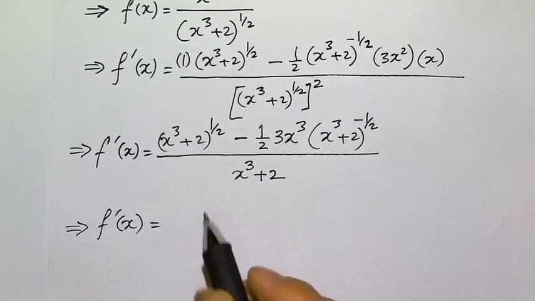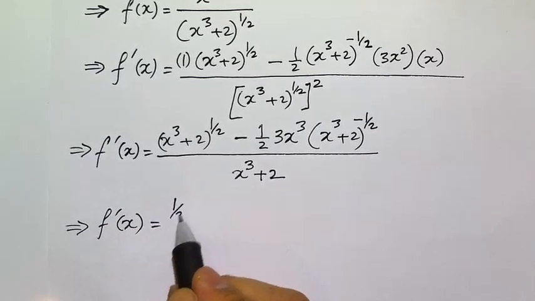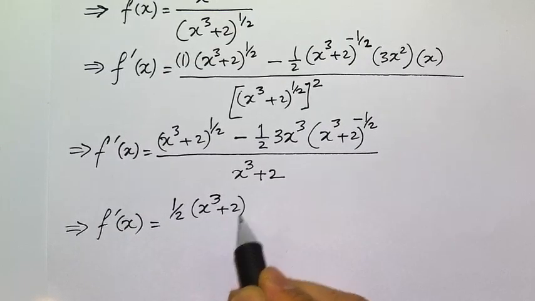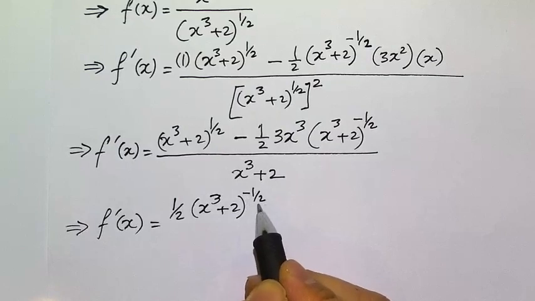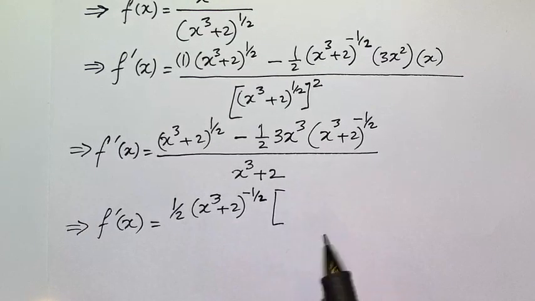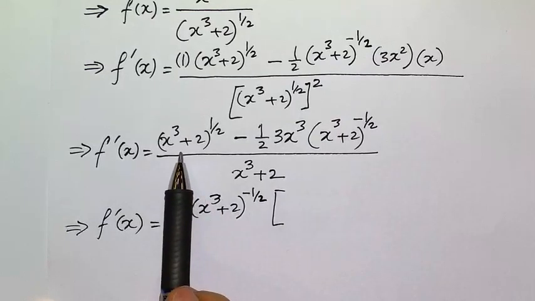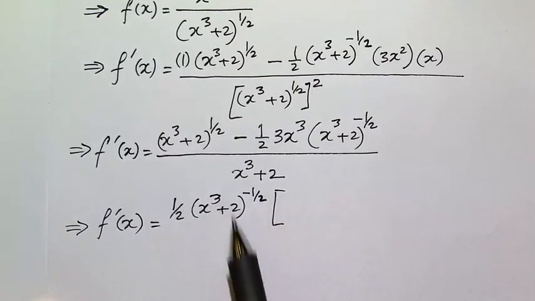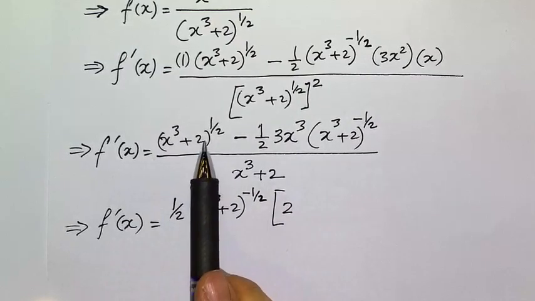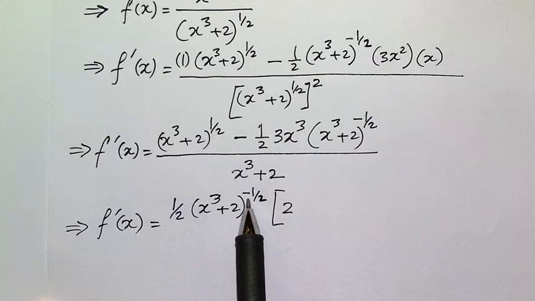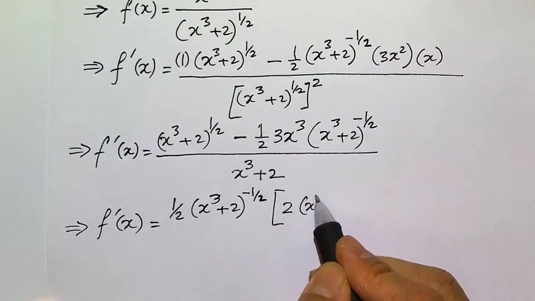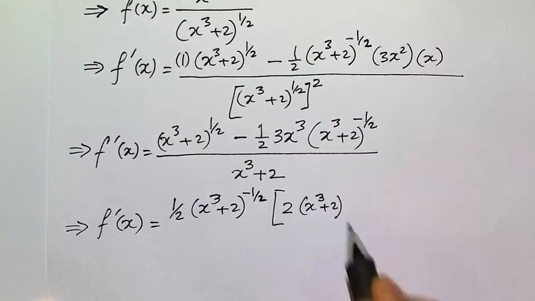So f prime of x is equal to 1/2 times (x cubed plus 2) to the minus 1/2 power, factored out, times, so to obtain this, we will have to have a 2 times 1/2, we get 1 back. And of course, we have to have a positive 1/2 power, not a negative. So that means we have to have an x cubed plus 2 here.